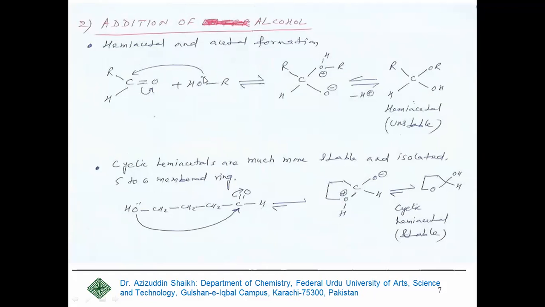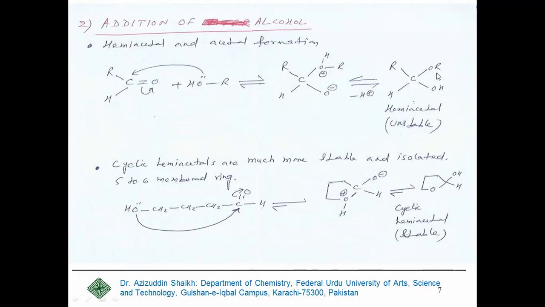The lone pair of the alcohol attacks this carbon, with shifting of pi electrons towards oxygen. As a result, the alcohol is added, in a reversible process. H plus is shifted towards oxygen. Then you obtain the hemiacetal, when OR is attached to this carbon and hydrogen is attached to this oxygen.